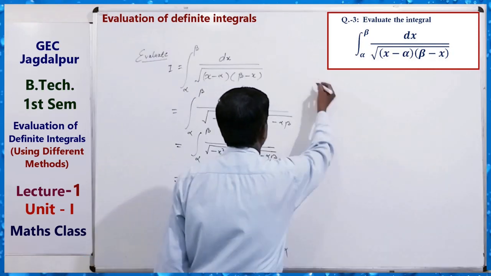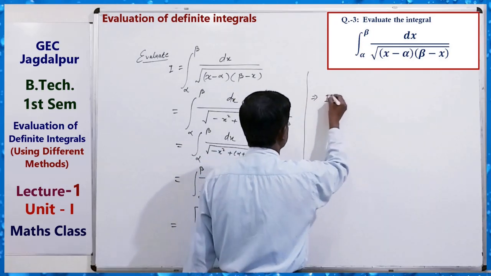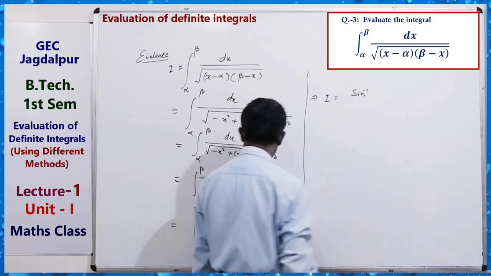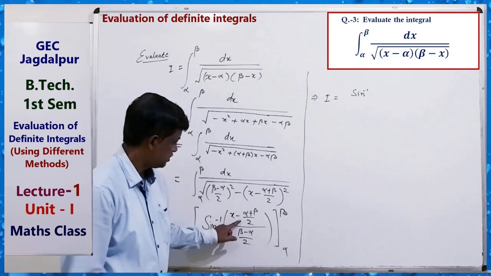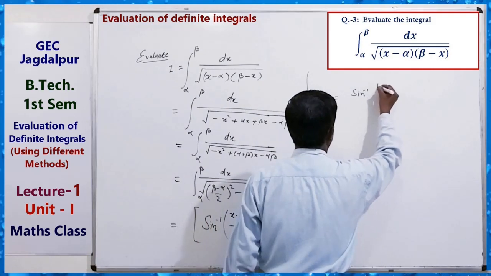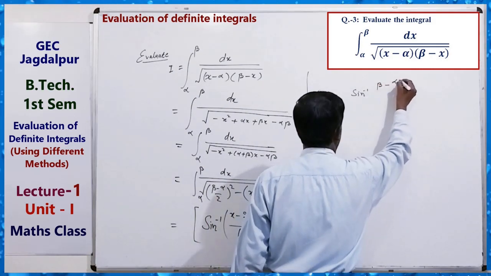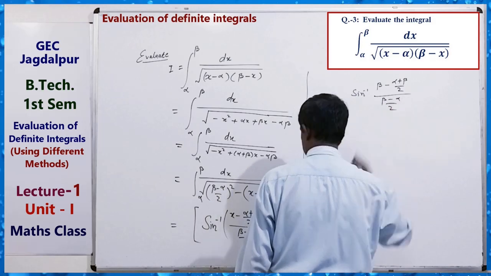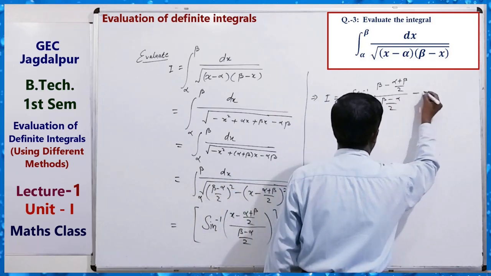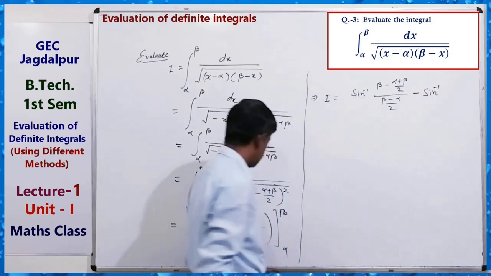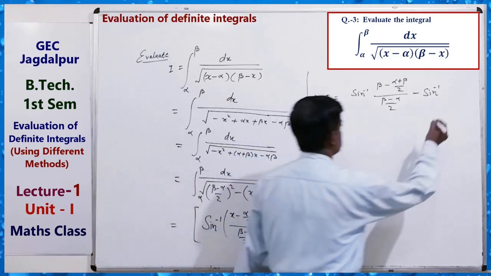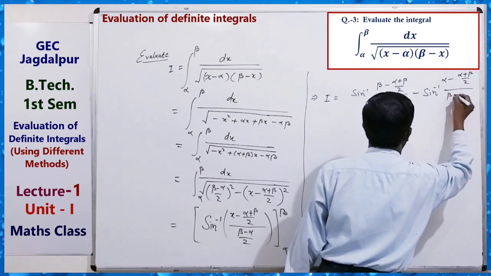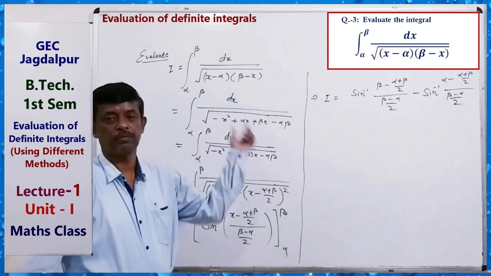So I equals, first the limit beta: sin inverse, where x equals beta, so beta minus alpha plus beta by 2 upon beta minus alpha by 2, minus sin inverse at alpha, so alpha minus alpha plus beta by 2 upon beta minus alpha by 2. After applying the limit it is this.